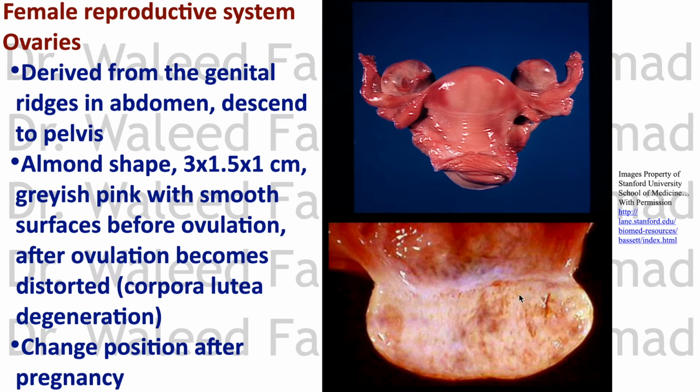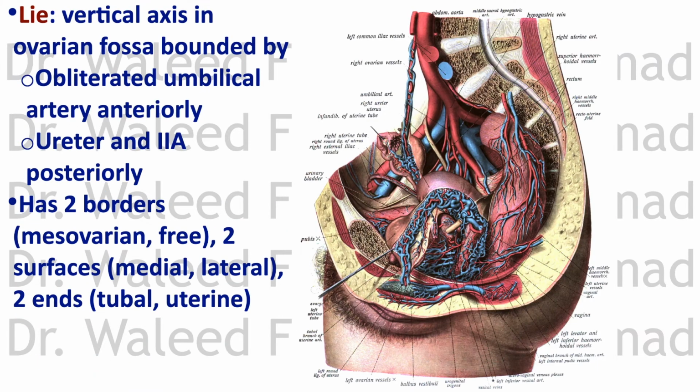As you can see here, this is an ovary, and these are the two ovaries in relation to the uterus. The ovary lies almost vertical in its ovarian fossa. The fossa is bounded anteriorly by the obliterated umbilical artery, posteriorly by the ureter, as you can see here, and the internal iliac artery posteriorly.